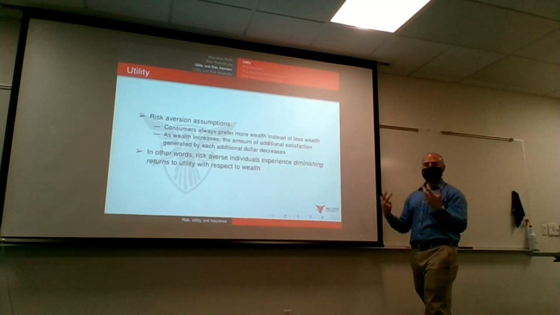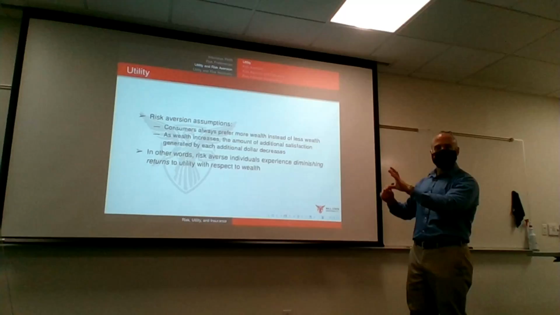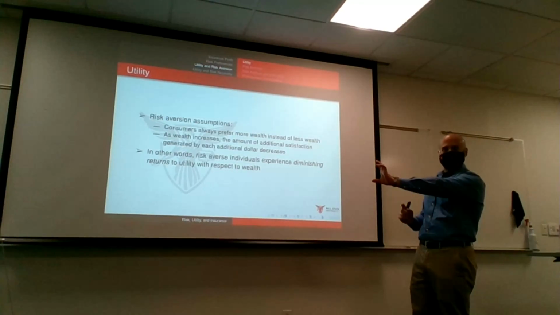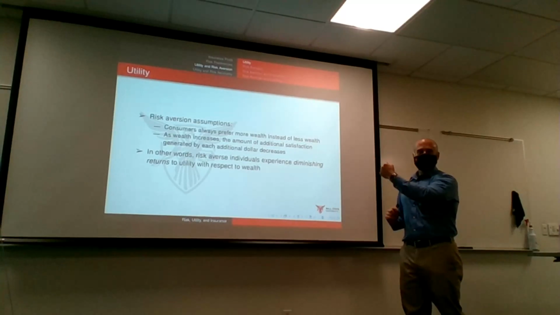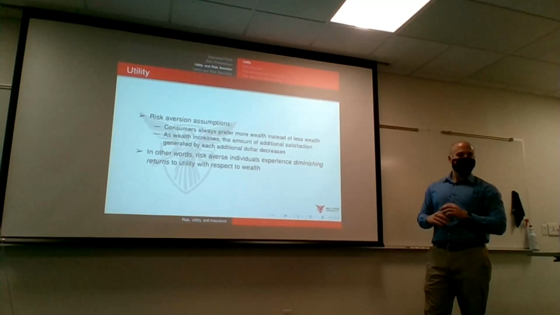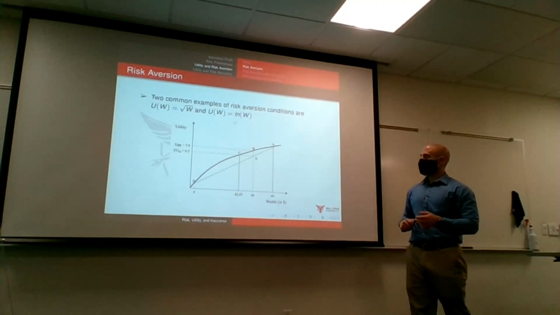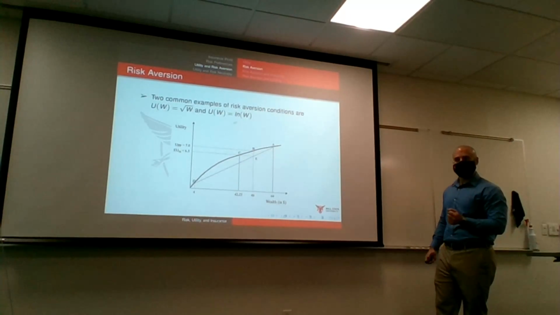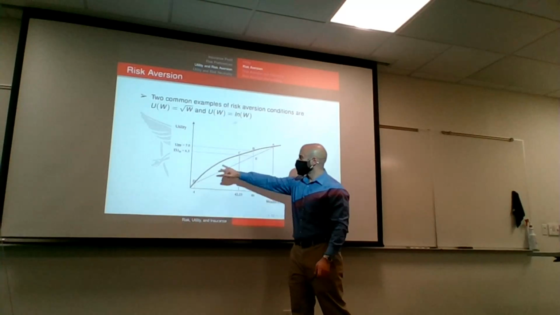So if we think about this mathematically, if we were to graph utility as a function of wealth, we're going to see it increase always, but at a decreasing rate. So it's going to have some curvature, like this. In the example we're working through today, we will come back to each of these points.